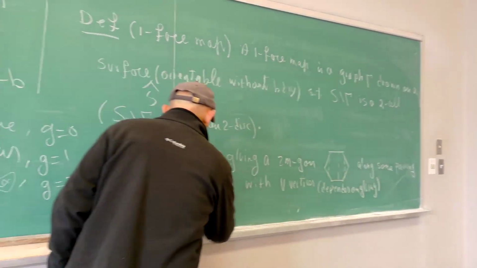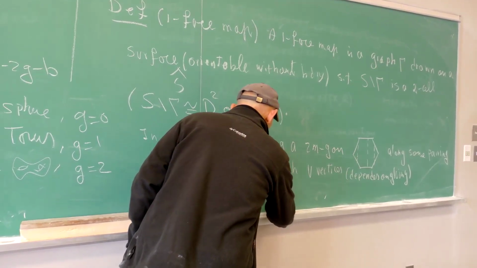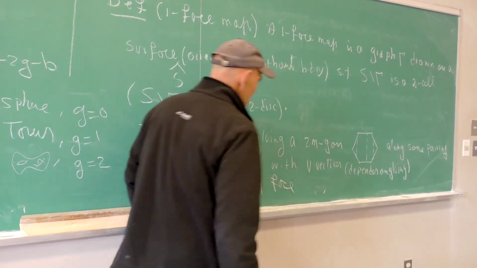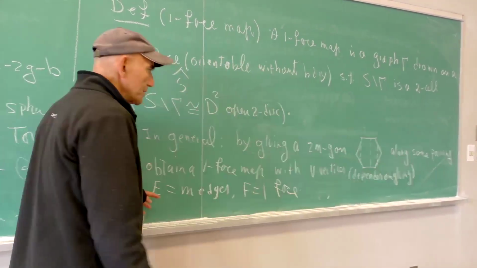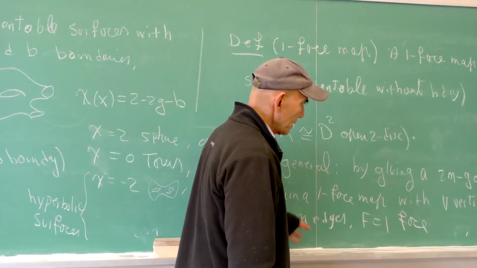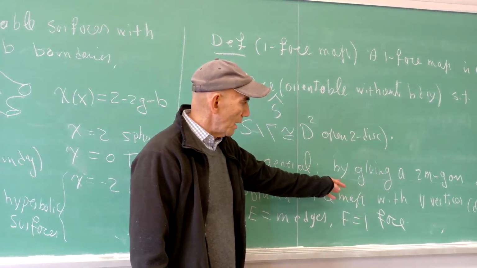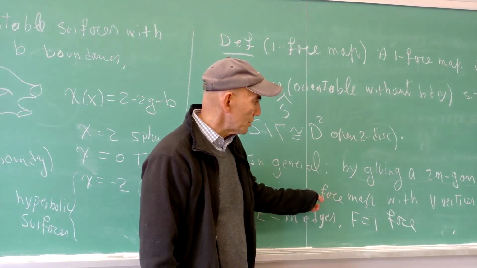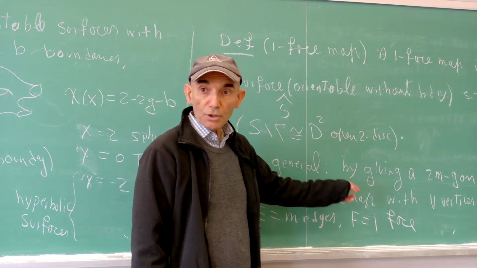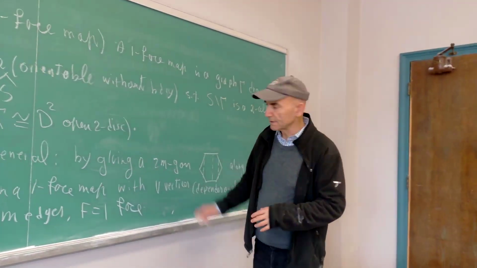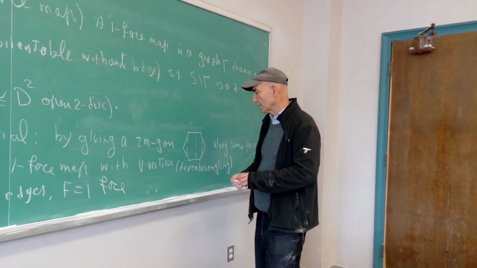And F equal to 1 face. So the only thing in this one-phase map that's not determined and depends on the gluing is the number of vertices. It's always the number of vertices in this case. Okay.